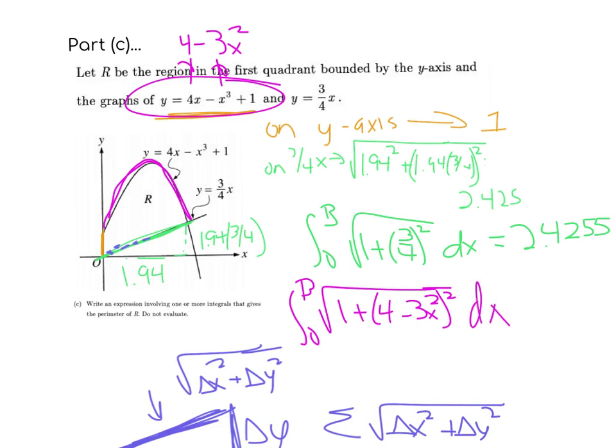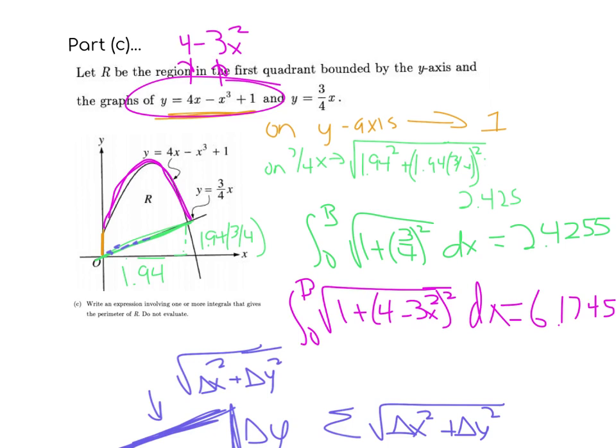So, put that back in my calculator. 4 minus 3x squared, and I get 6.17455.